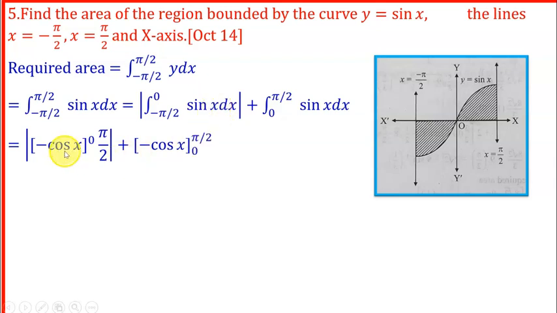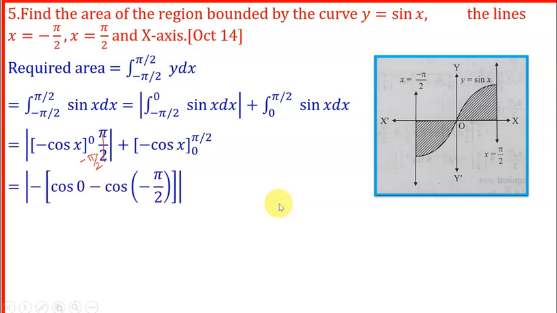The integral of sin x is minus cos x. Here the lower limit is minus pi by 2 and the upper limit is 0. For the next, the integral of sin x is again minus cos x. The lower limit is 0, the upper limit is pi by 2.